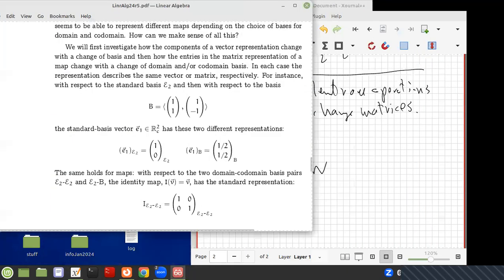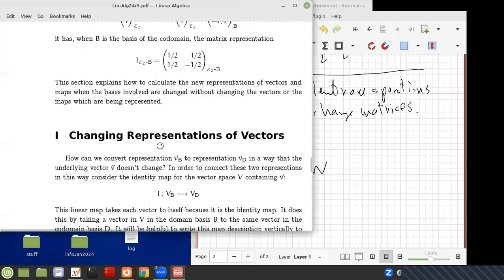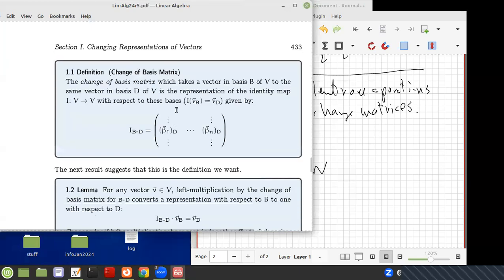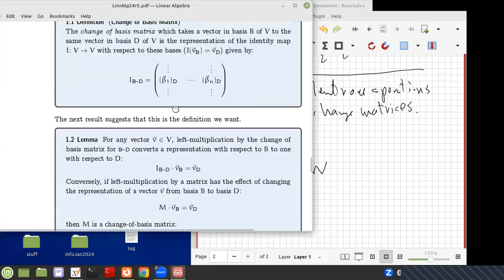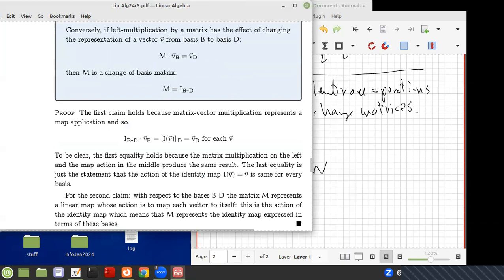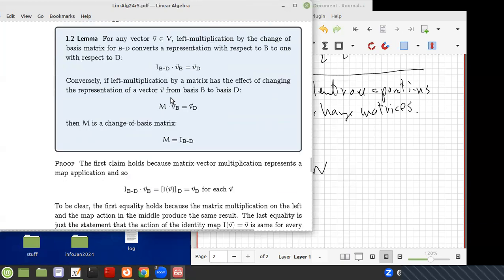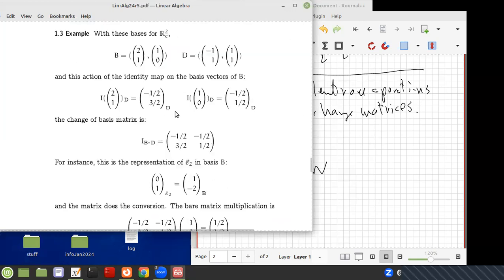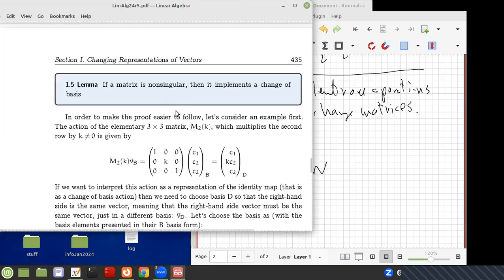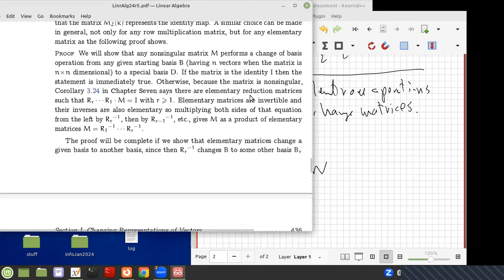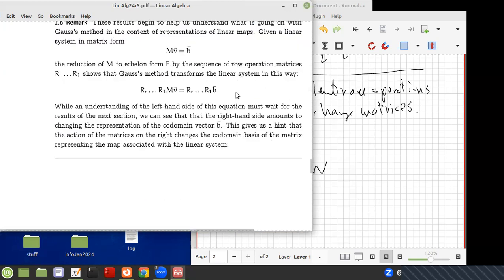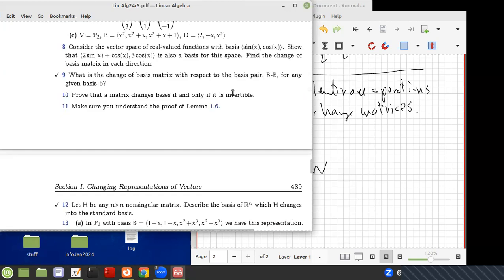So what we've looked at here is changing representations of vectors, and this is just repeating what we've just said about this result that every invertible matrix is a basis change matrix. There are some examples. If a matrix is non-singular, it implements a change of basis. So that's all just proving those things.